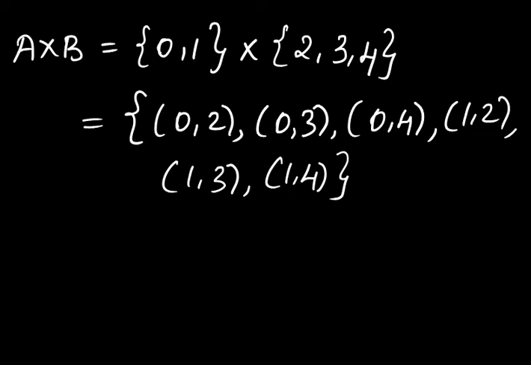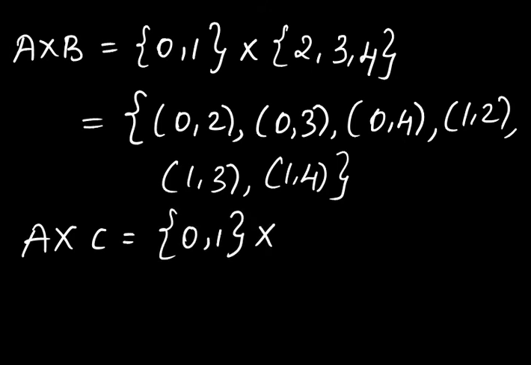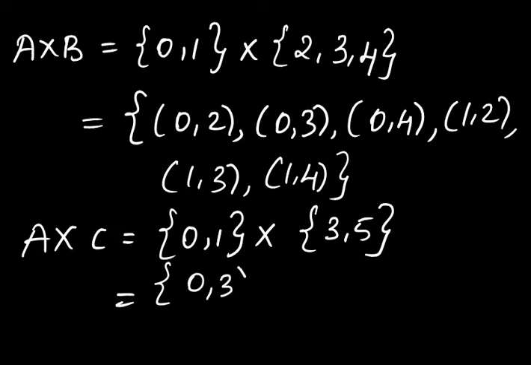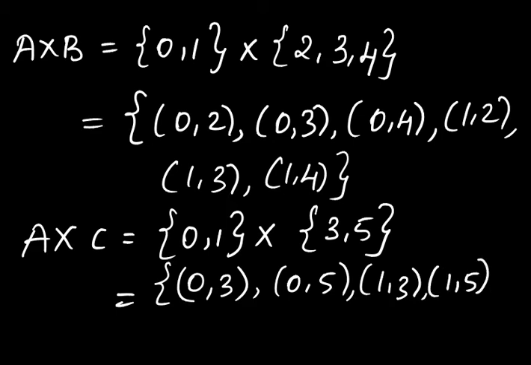So after finding A cross B, find A cross C. So A value is again set of 0, 1 cross C value is again set of 3, 5. So write in ordered pairs, we will get 0, 3, 0, 5, 1, 3 and 1, 5.